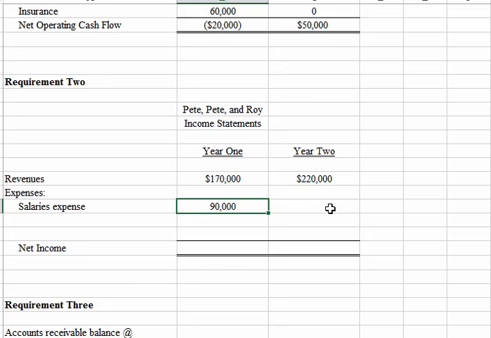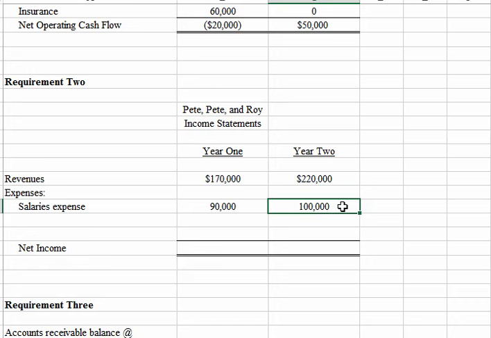They were paid in year one for services they provided Pete and Roy in year one. Same thing in year two. They were paid $100,000 for services rendered to Pete and Roy in year two. Now, that wouldn't always be the case, you guys. Employees might have earned from Pete and Roy $100,000 in year two, only been paid $95,000, and the other $5,000 gets paid to them in year three.